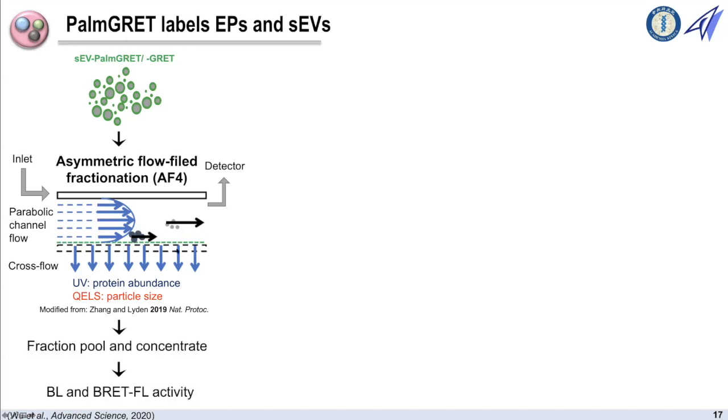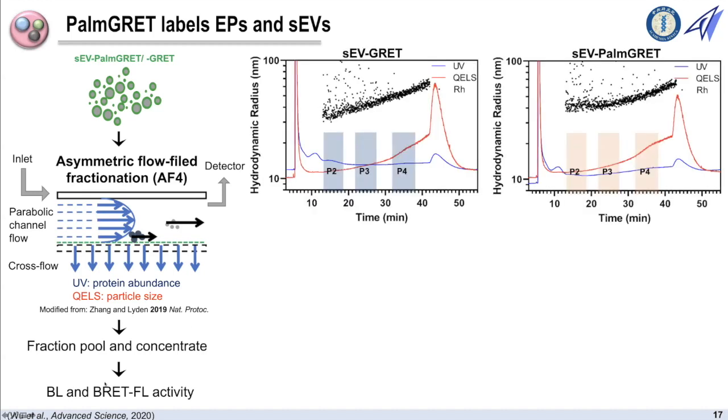So here we show, after we go through the fractionation and put in different concentrations, also referring to David Lyden's protocol, we then test the biodistribution signal and the BRET-induced fluorescent signal activity by using the furimazine substrate. After that, here the upper panel shows the AF4 chart. The left-hand side is the GRET, and the right-hand side is the PalmGRET.